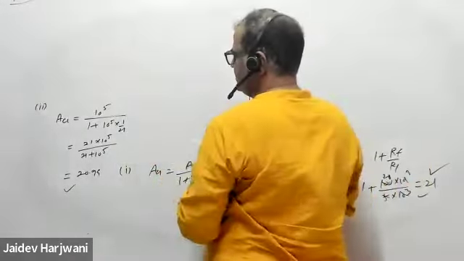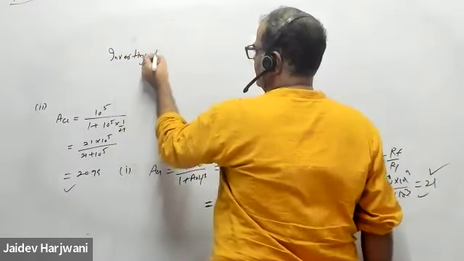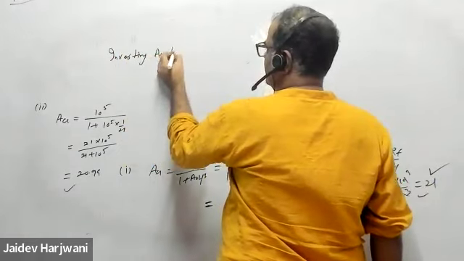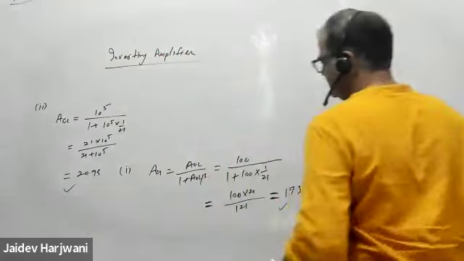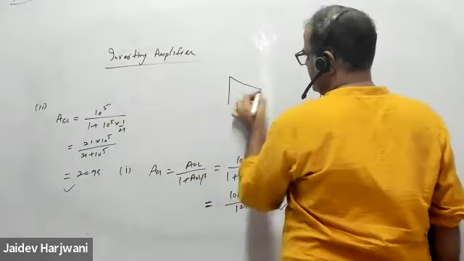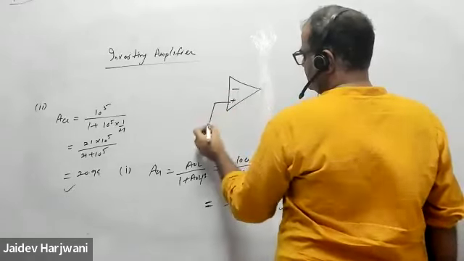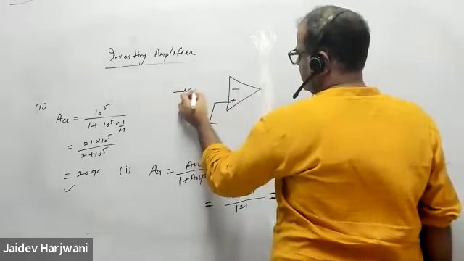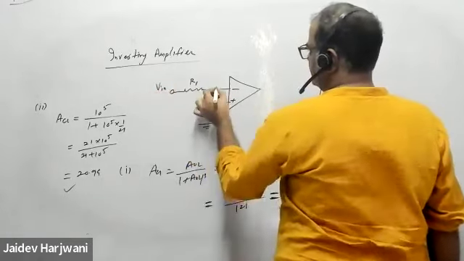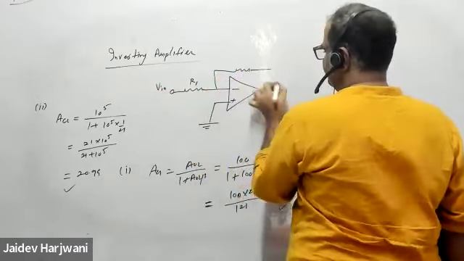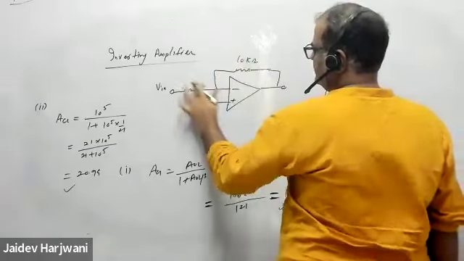For the inverting case, you have minus, plus, this is grounded. R1 is V input and this is RF. Say this is 10 kilo ohm and say this is 1 kilo ohm.